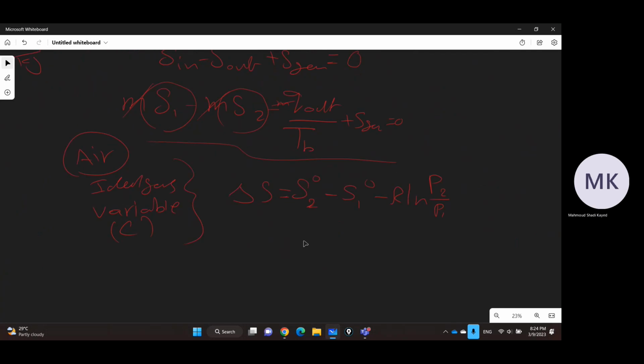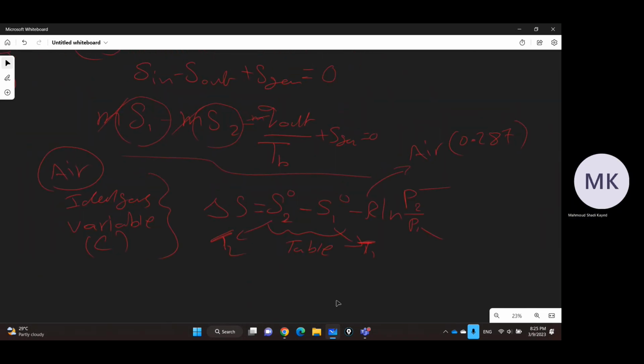Now these two can be found directly from the table. At T2 we found it, and at T1 we found it also, or of course at h1 or h2, the same thing. Now the R is from the tables. For air, R is 0.287, and P2 and P1 both are given, so no need to worry about them. This is for the first term.